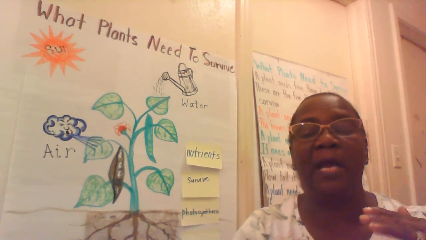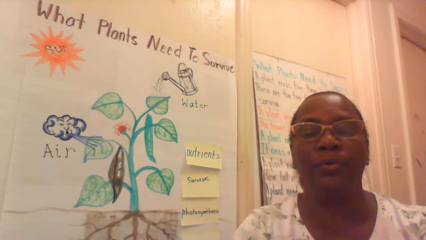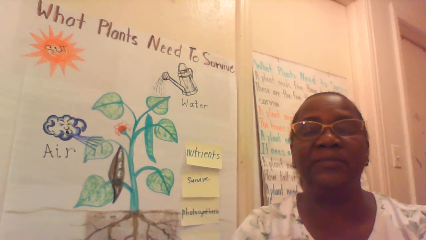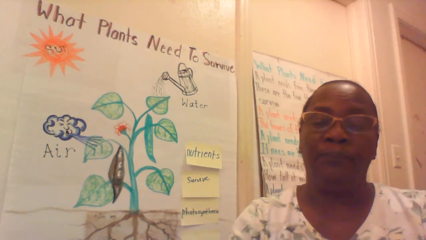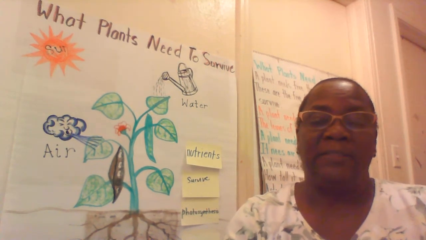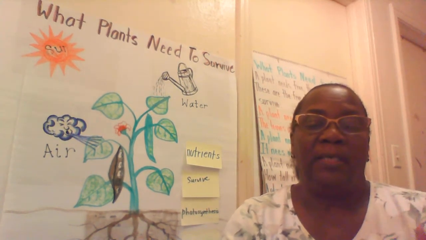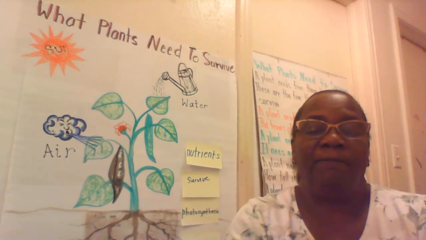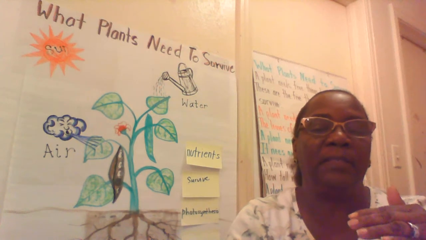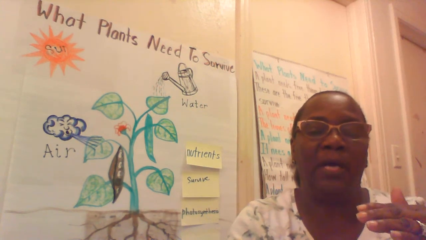So they need that warmth in order to grow. And in some places where it's very, very cold, plants don't grow at all because they don't have that energy and they don't have that warmth, so they die. If plants do not get light, especially sunlight, they will die.